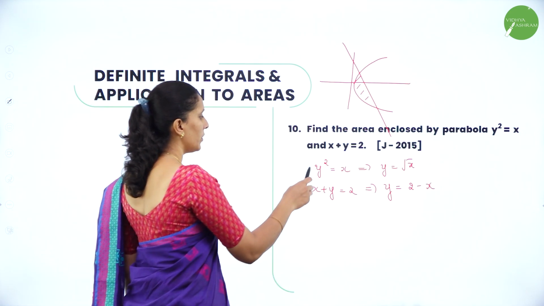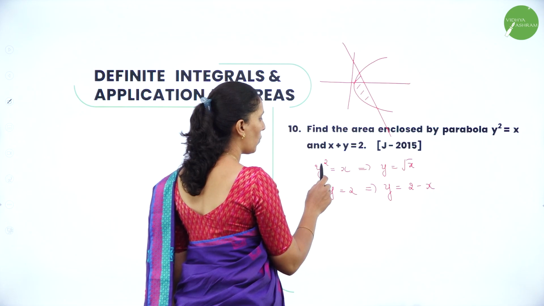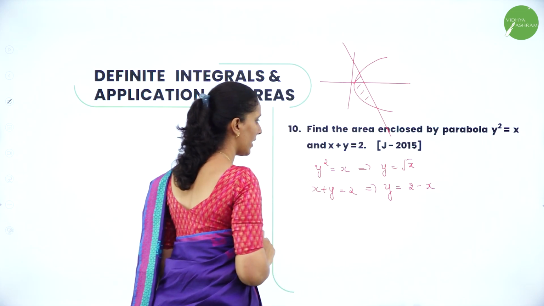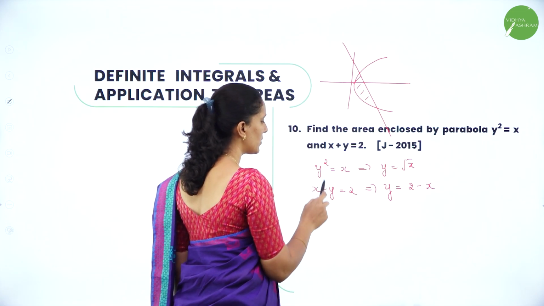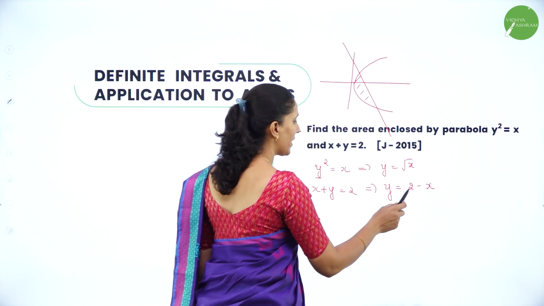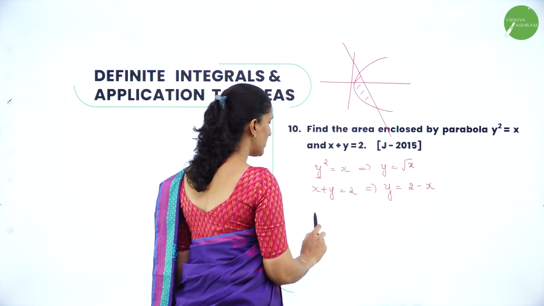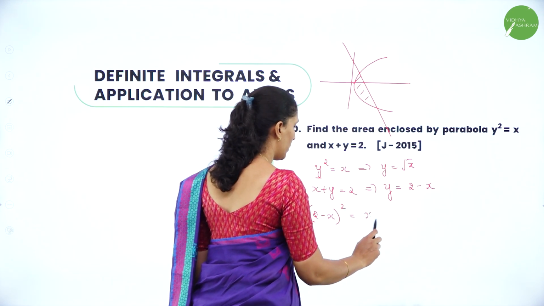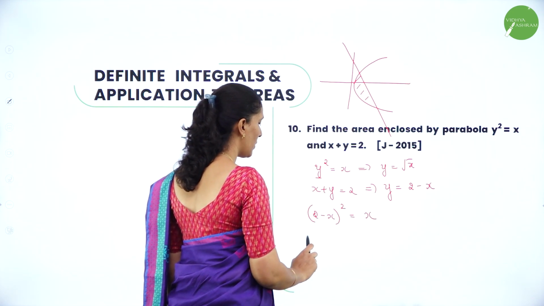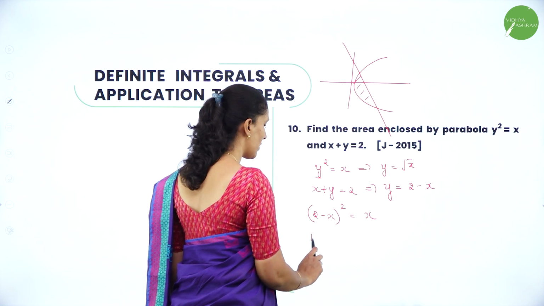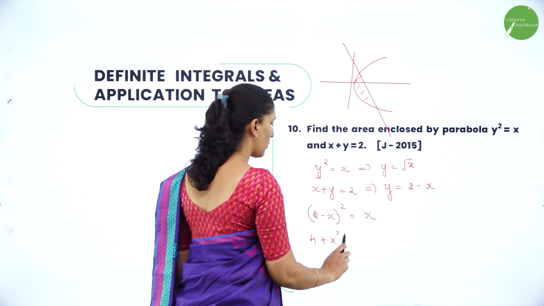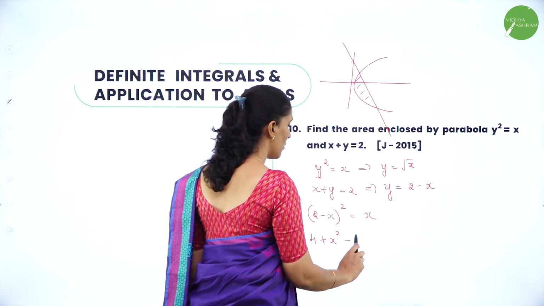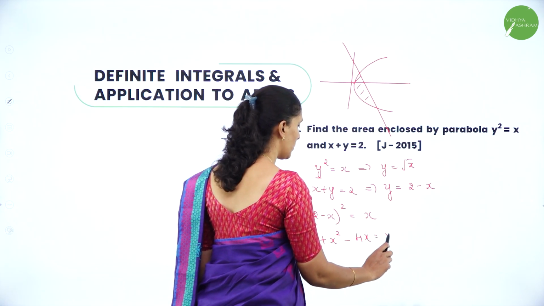Now using these two equations we can take y as 2 minus x. So from this equation we can write 2 minus x whole square is equal to x. Using the a minus b whole square formula, we have a square as 4, b square as x square, minus 2ab as 4x, is equal to x.